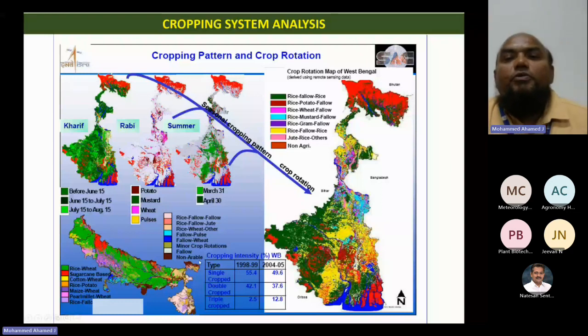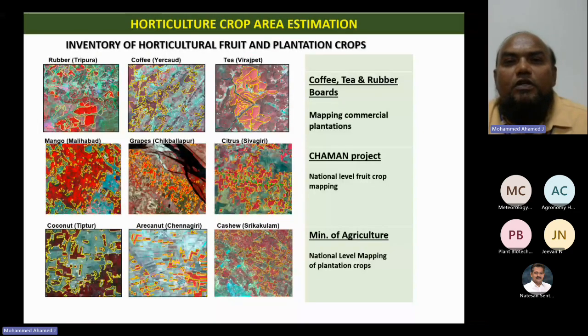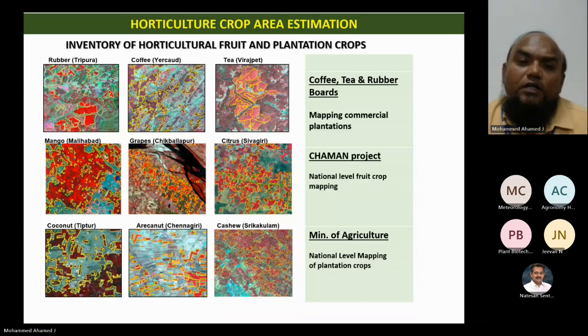The third component I wanted to tell you about is horticulture crop area information. Horticulture crops do significantly contribute to our GDP, and they are very important. To know how much area these crops cover and how they are spatially spread out, how we can increase these cropped areas, and find out the area suitable for that.